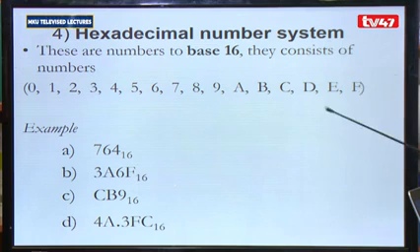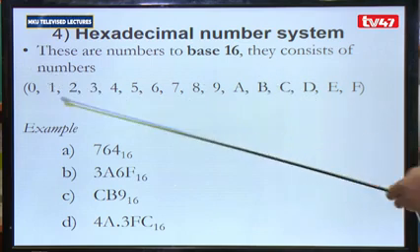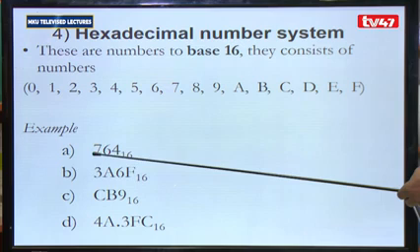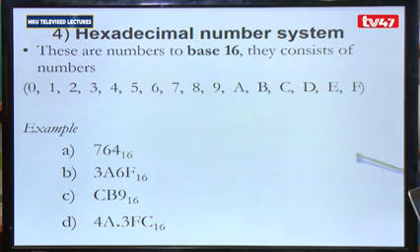We don't use 11, 12, and so on, because when you use 11 here, we already have 1 and 1. When you type 1, you cannot tell the computer, wait, I have another 1, I mean 11. Those are treated as separate values by a computer. So again, they can be a whole number, like 764 base 16, or a fractional number.